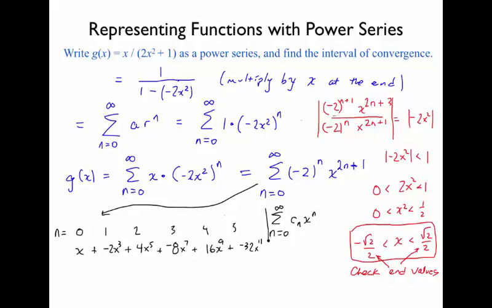So if we were going to write it this way, what would our coefficients c sub n be? Now this ends up being a different index than this one.